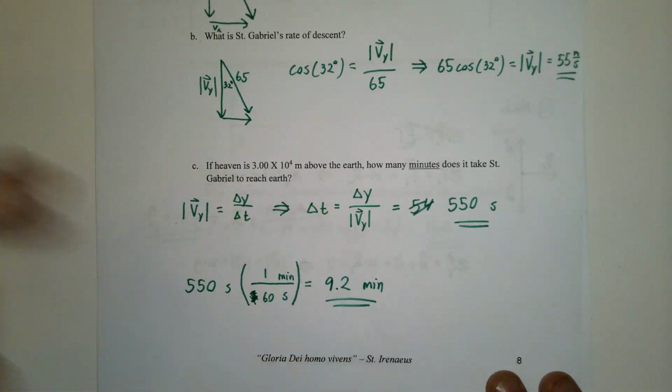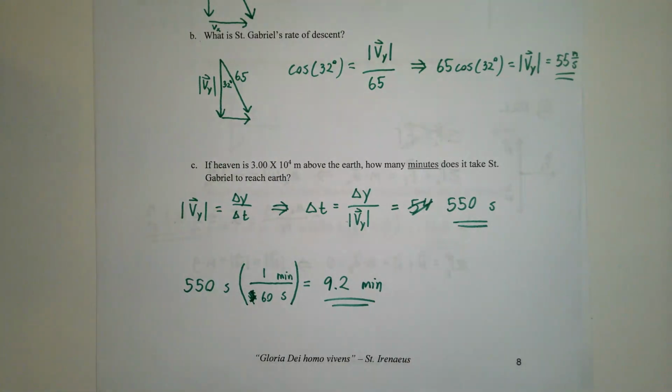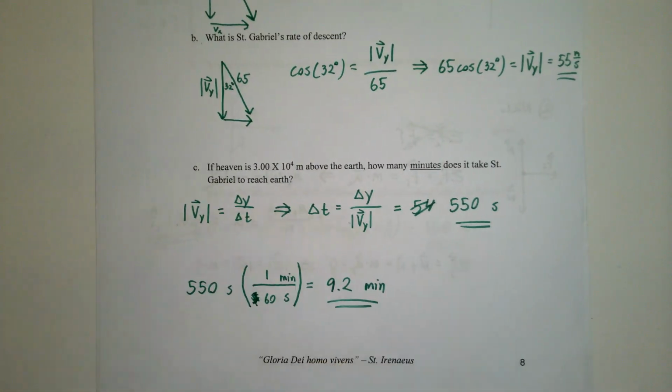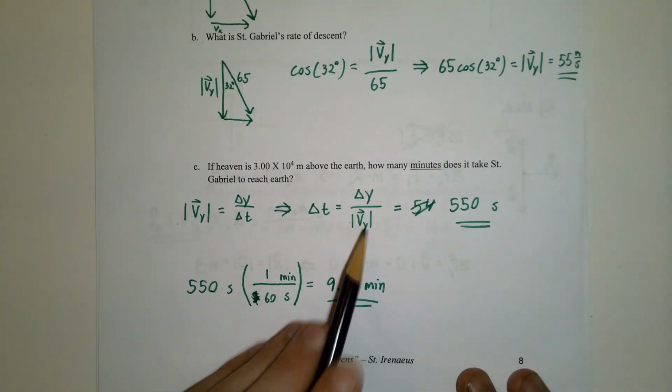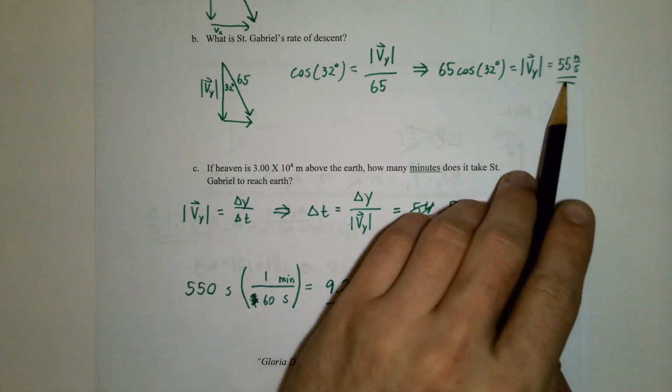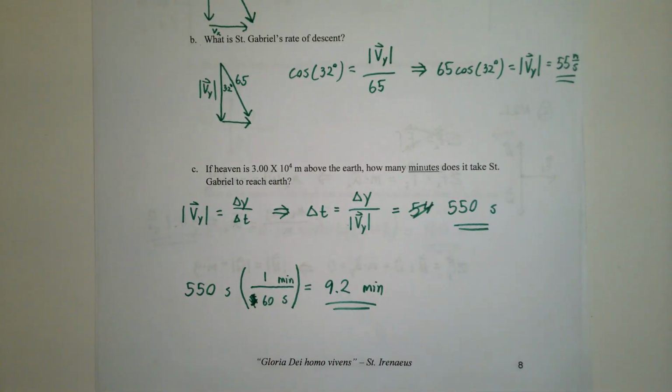We can rearrange this equation and find that the change in time depends on the quotient of the change in position, change in y, over the velocity in that dimension. We find that that's 550 seconds. This would be 3.00 times 10 to the 4th meters divided by our descent velocity that we just found. And then we quickly convert that into minutes, and we find that that is 9.2 minutes of time it takes him to descend from heaven to earth.